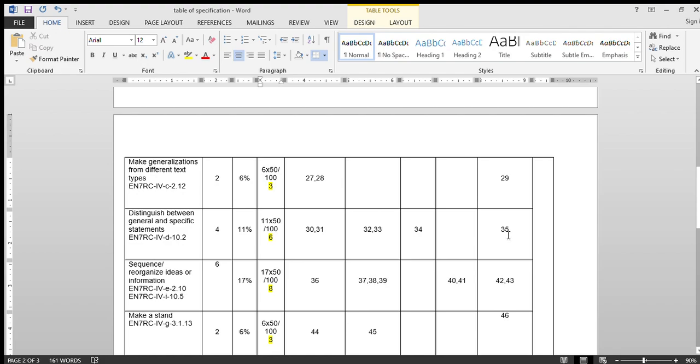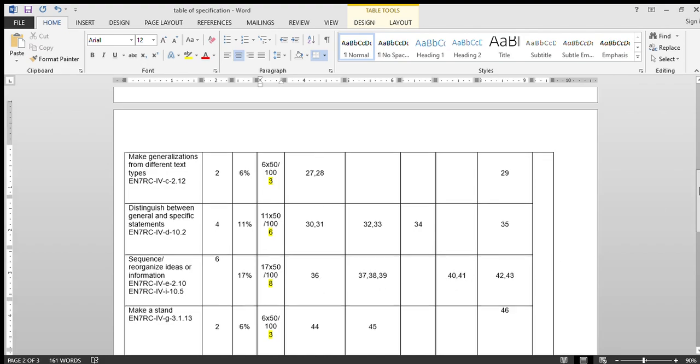So let's count 1, 2, 3, 4, 5, and 6. Now we have again here 8 number of items. So I place 36 in remembering, followed by 37, 38, 39, 40, 41, 42, and 43. So let's count 1, 2, 3, 4, 5, 6, 7, 8.